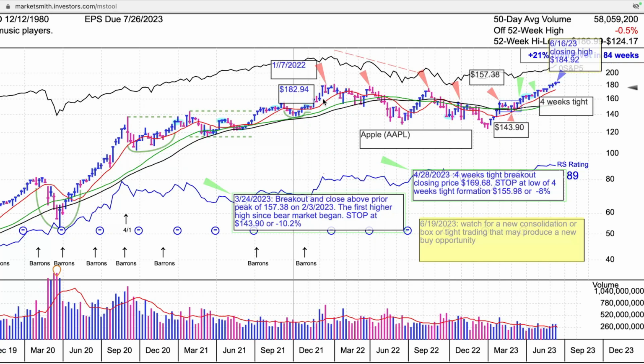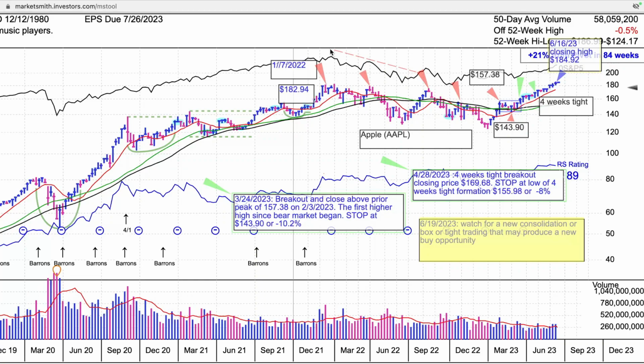So I'm going to start here in January, the week of January 7th, 2022. Let's note that Apple stock hit a high price that week of $182.94.